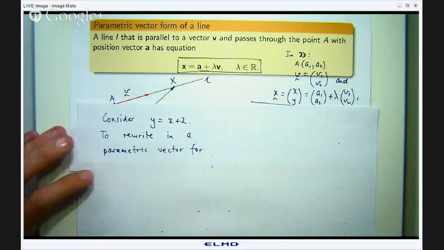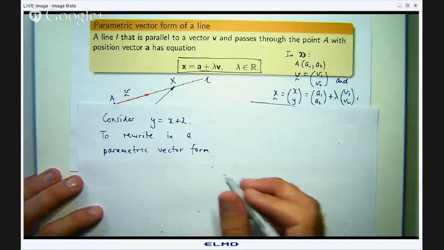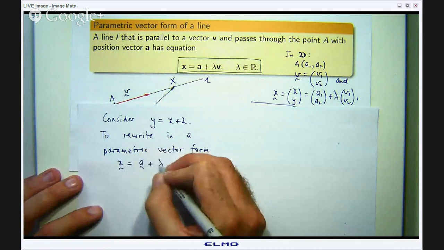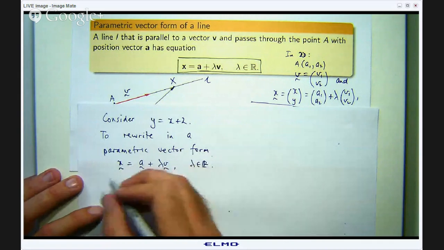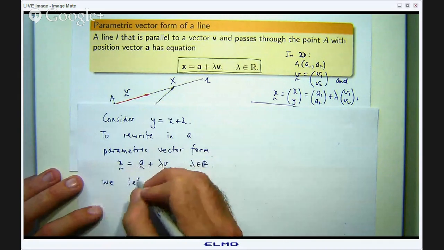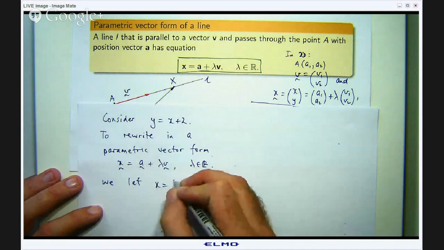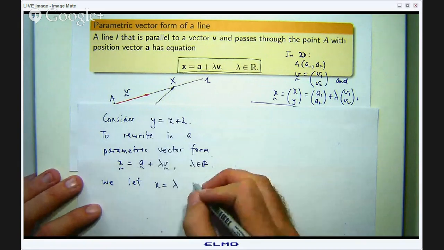Or you can do the following. We can let x equal this parameter lambda, and then write y in terms of lambda.